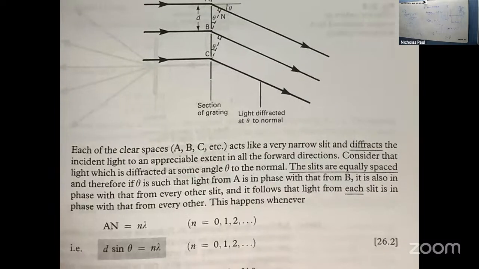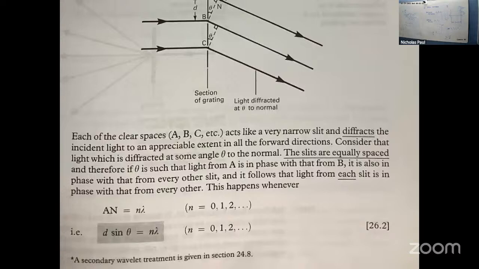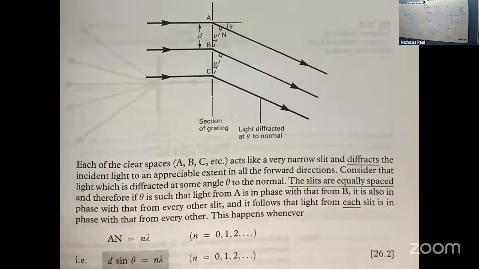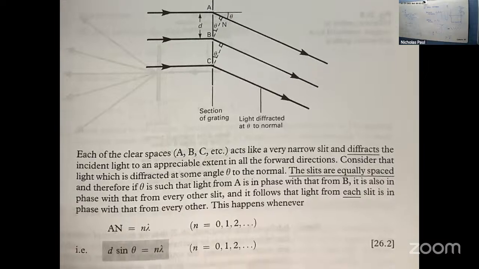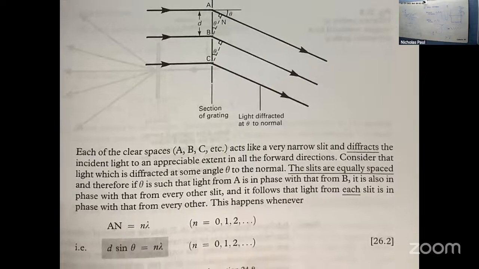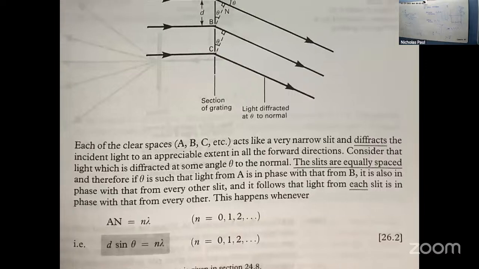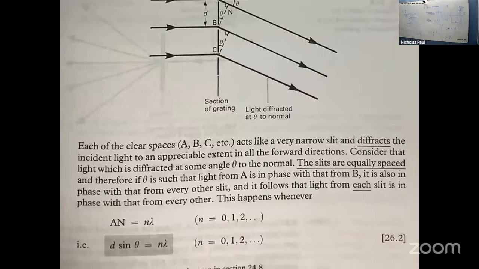All right, real quick, last thing. Each of the spaces A, B, C, and so on acts like a very narrow slit. That makes sense? Each one a narrow slit, and it diffracts the incident light to an appreciable extent in all forward directions. Consider that light which is diffracted at some angle theta to the normal.